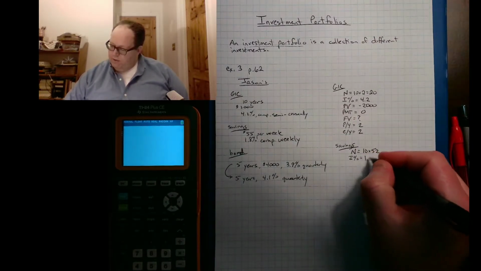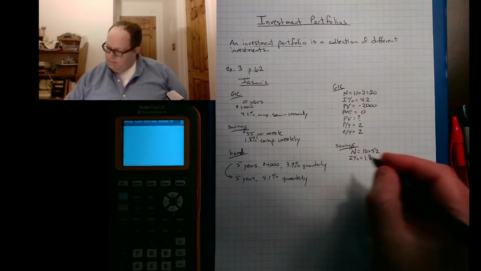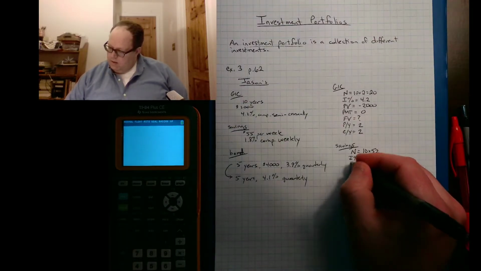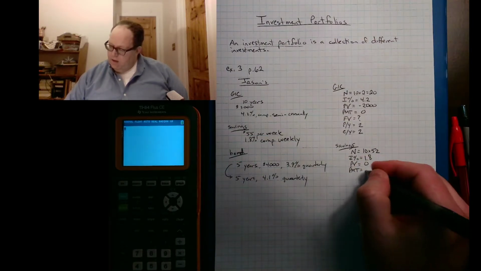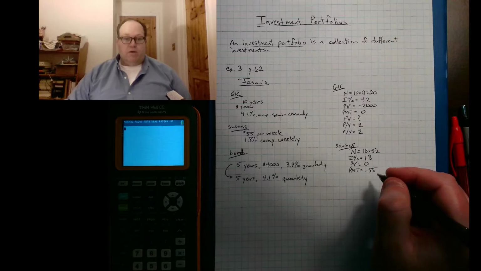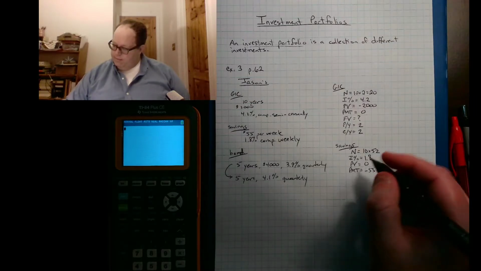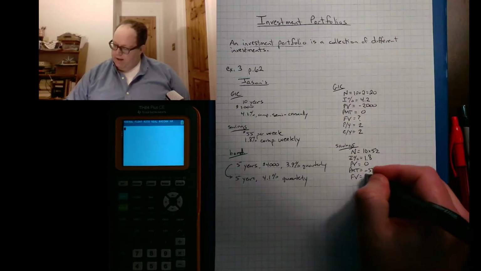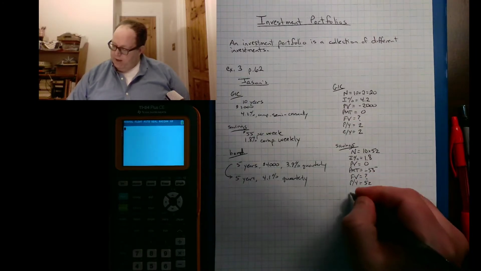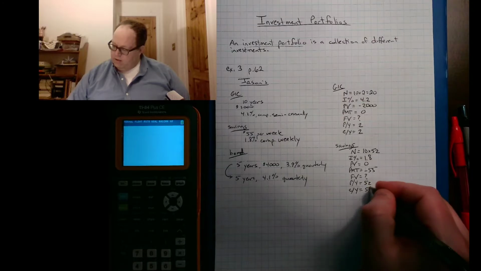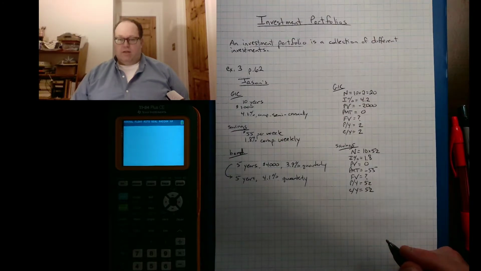The savings earns 1.8%. There is no initial investment, but a regular payment of $55 was put into the account. The future value we don't know, and there are 52 payments per year, and the interest is also compounded weekly, so that's also going to be 52.